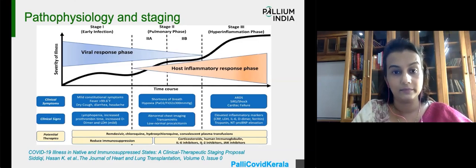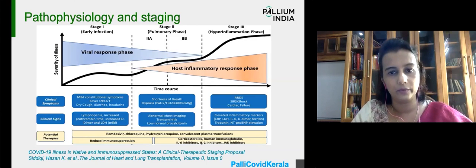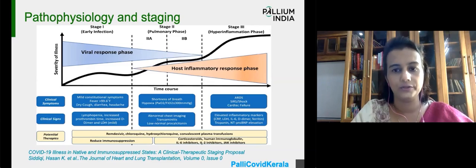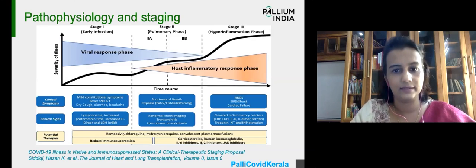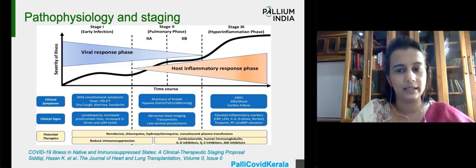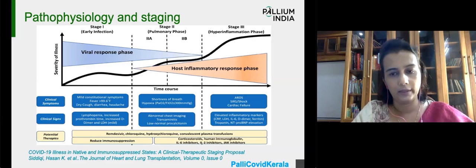Sometimes few patients will just have that, but few can progress onto the second stage or the pulmonary stage, which is divided into 2A and 2B, where the patients predominantly present with shortness of breath, hypoxia, and you can have clinical signs with abnormal chest findings, abnormal blood investigations in the form of transaminitis and lower normal procalcitonin.